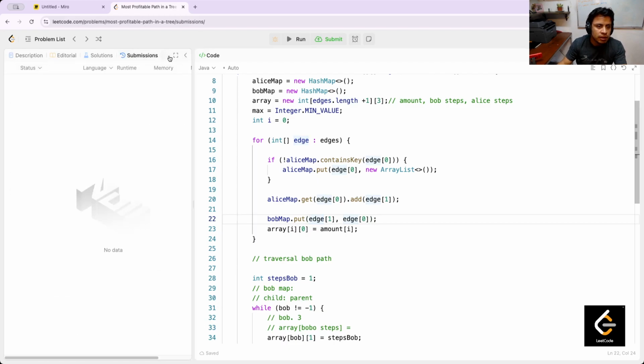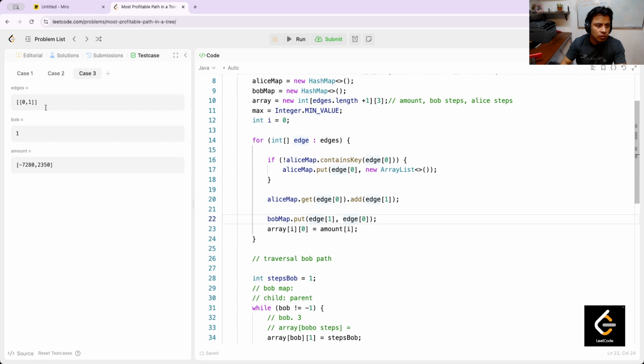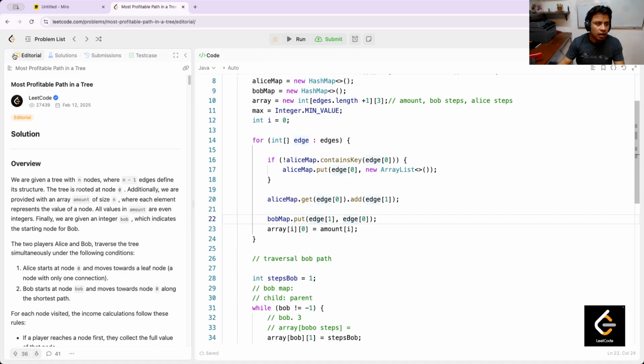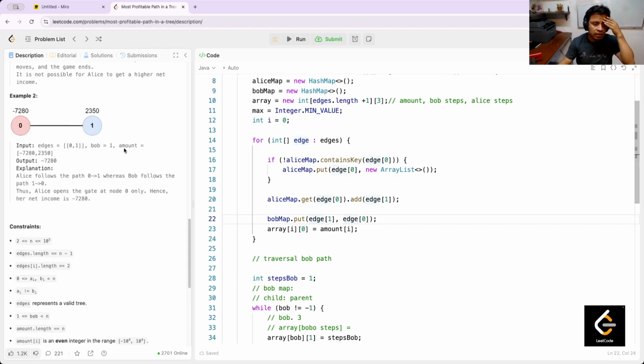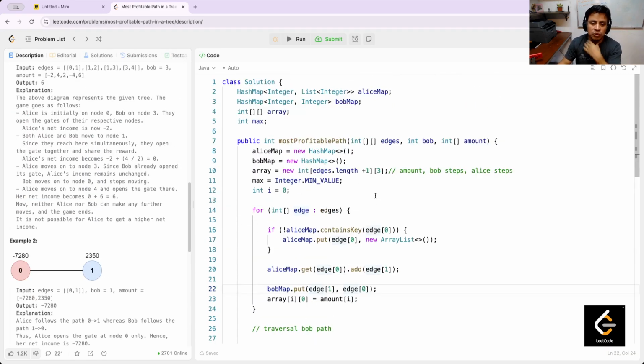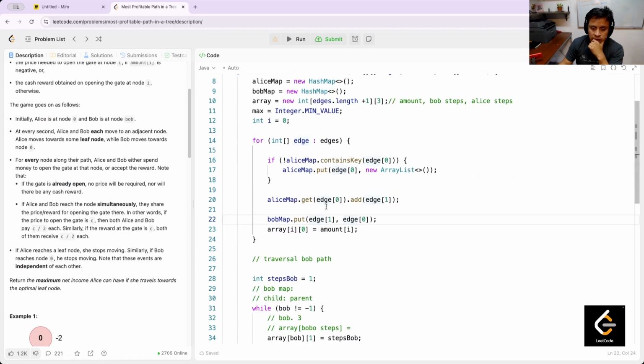Only to be sure, let me check. 1, 0, 1, for example. Because this is 1, what happened? I think that is not a right test. It's not possible that the same number appears two times in the index 1. Okay, for this reason I put this, and this is the child, this is the parent.